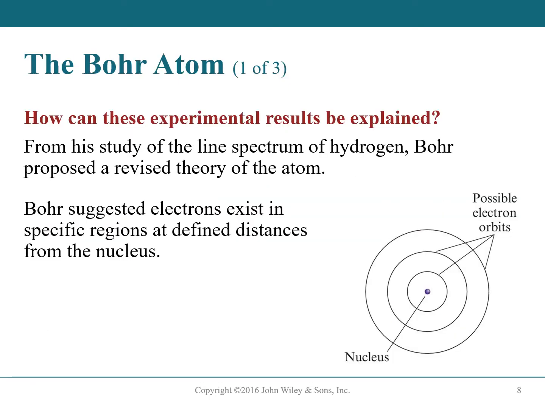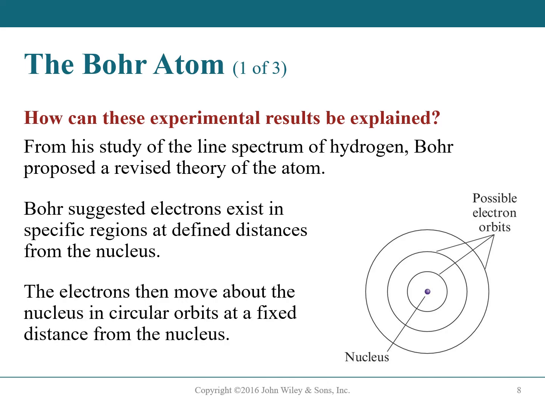Okay, so what Bohr did is they tried to explain it, they couldn't fully figure it out, but there's a couple things that Bohr did. He organized our electrons into orbits, and he modeled it after the planets. In other words, he put the nucleus where the sun is, and he said, what happens if the electrons are like the planets?